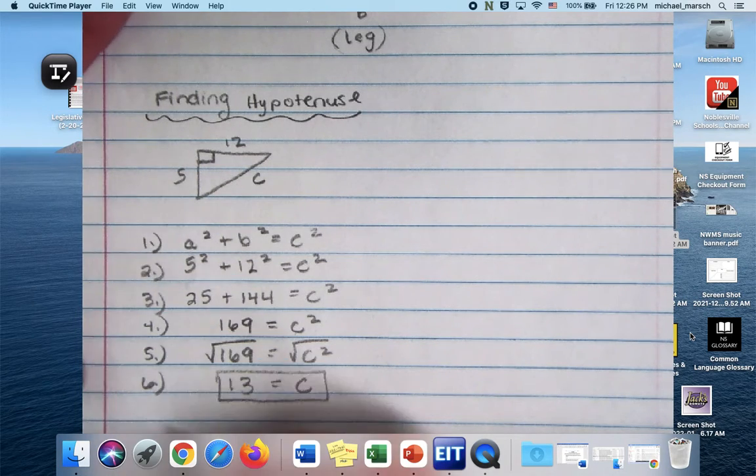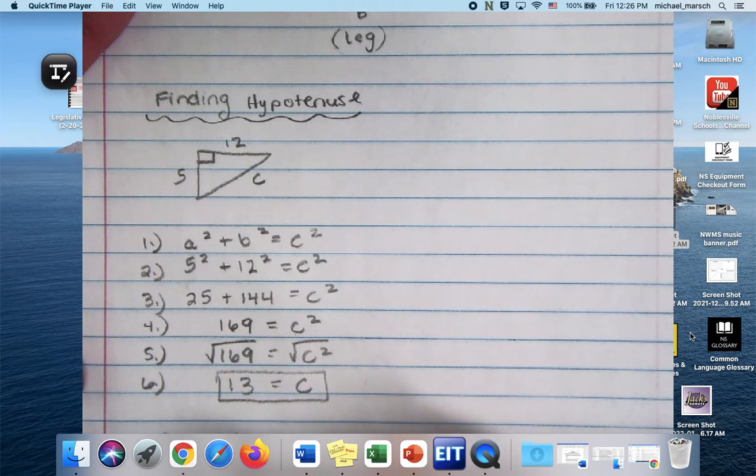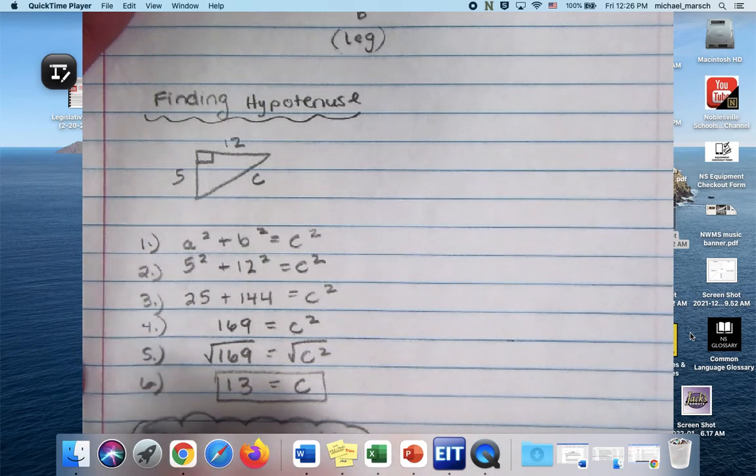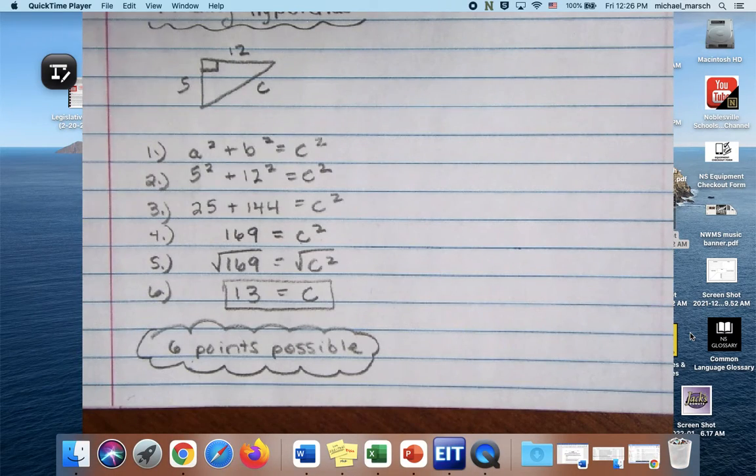How many points possible? 6 points possible. Go ahead and write that underneath your answer. 6 points possible. So it's like a point for each step.